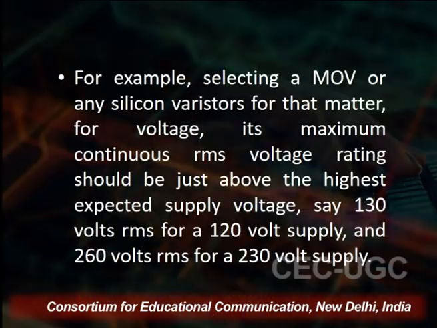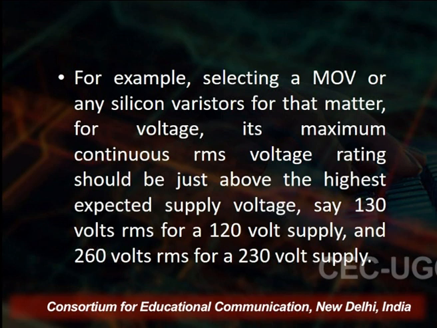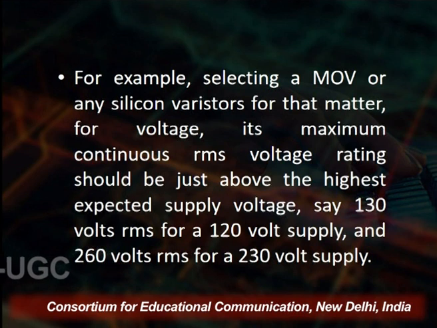For example, if we select the MOV or the silicon varistor, its maximum continuous RMS voltage rating should be just above the highest expected supply voltage. It must be 130 volts RMS for the 120 volt supply and 260 volts RMS for the 230 volt supply.